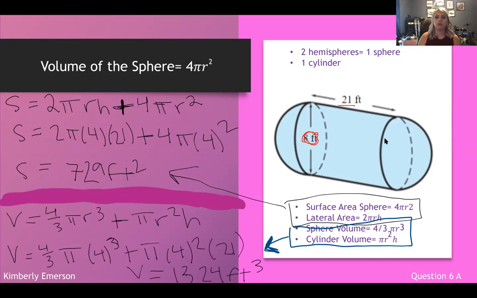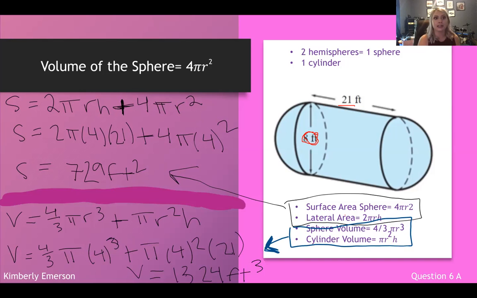All right, now when we're looking for volume, volume equals 4/3 pi radius cubed plus pi radius squared times height. And we're going to use the same numbers and plug and chug as well. So 4/3 times pi, and I'm sorry if this looks a little bit messy, but I feel like it's easier to have it written out beforehand.